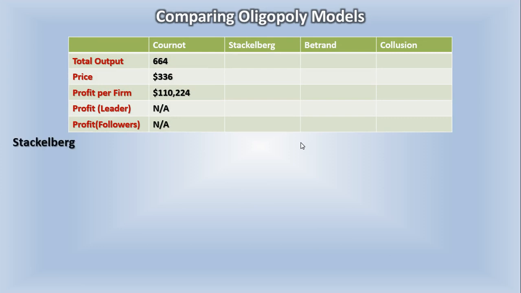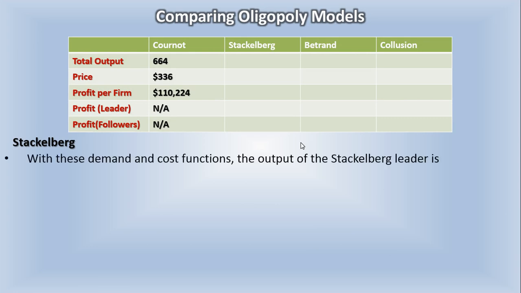Let's look at what happens in terms of the market outcome in a Stackelberg setting. So with these demand and cost functions, in exactly the same market, but where a firm gets to go first in terms of choosing its output, the Stackelberg leader will wind up supplying 498 units, which is definitely higher than the 332.